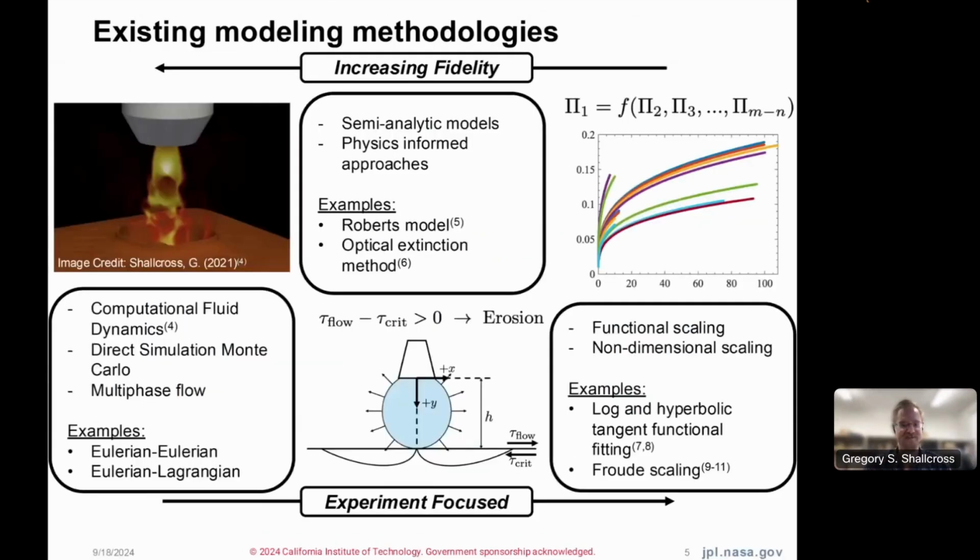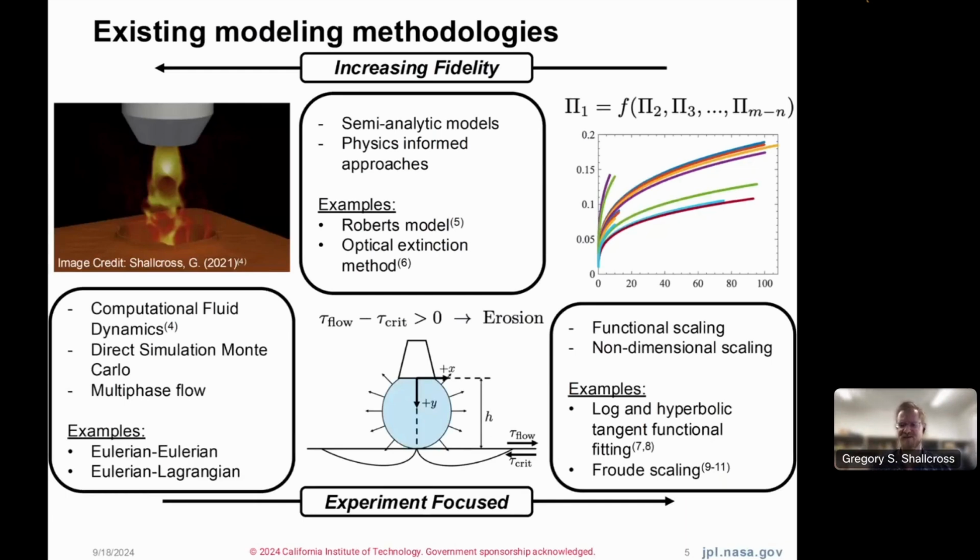For existing modeling methodologies, we could go all the way to the extremely high fidelity methodologies, shown on the left, such as CFD, DSMC, like Parvati talked about in the previous presentation, and multi-phase flow methods. This goes into the Eulerian or Eulerian-Lagrangian methods. We have something in the middle between experimental focus and fidelity: semi-analytical, physics-informed approaches.